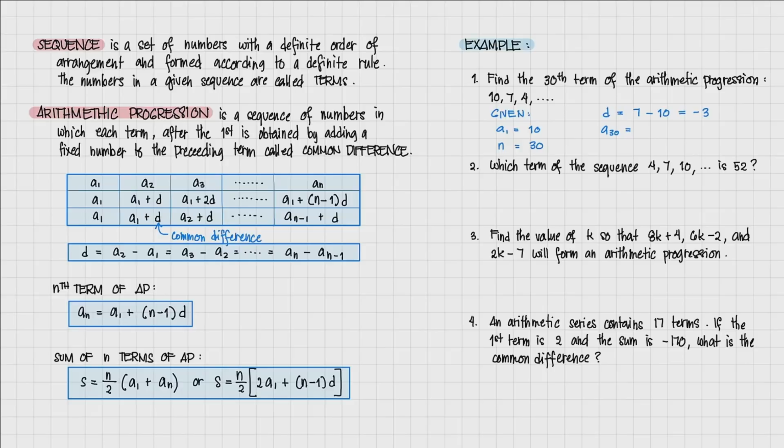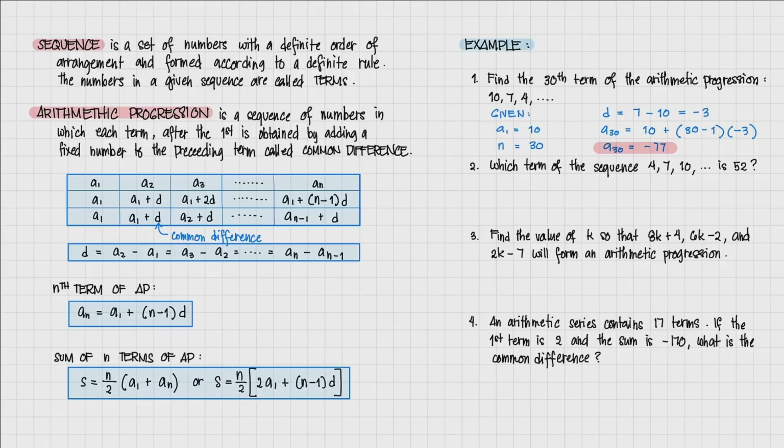A sub 30 is equal to A1, which is 10, plus N, which is 30, minus 1, times the common difference, negative 3. So solving that, we get our A30 would now be negative 77. Alright, so that's our final answer for the first example.